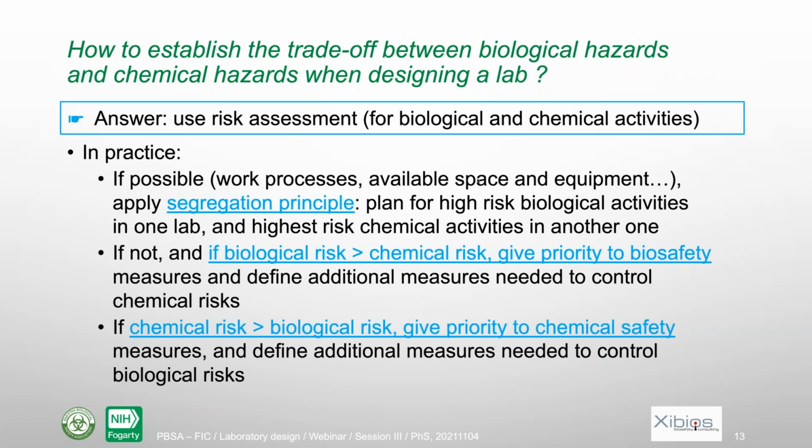And then when it's done, you should look at the situation with respect to chemicals and add possible additional measures that would be needed to control chemical risk. If the chemical risk is deemed more important than biological risk, in that case, you should design your lab as a chemical lab, and then look at what you would need to have as additional measures to control biological risk in a good way. Okay.